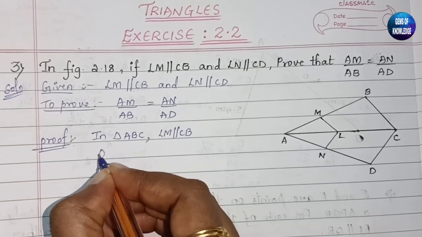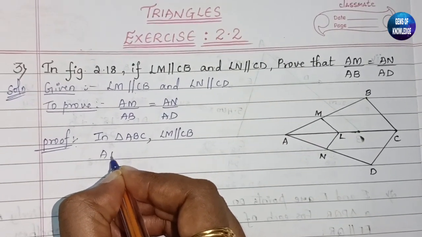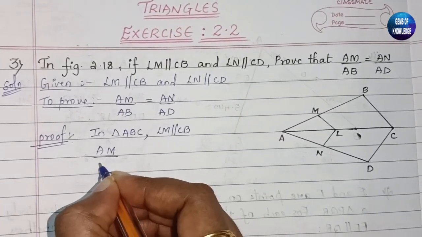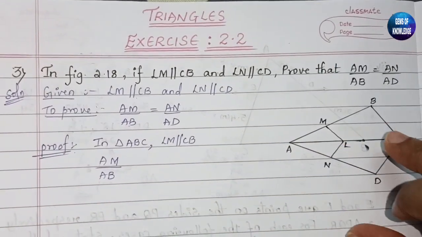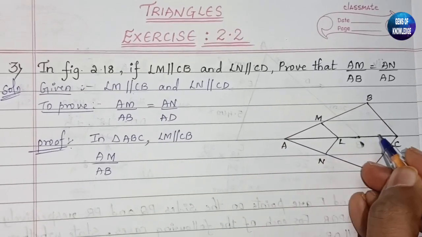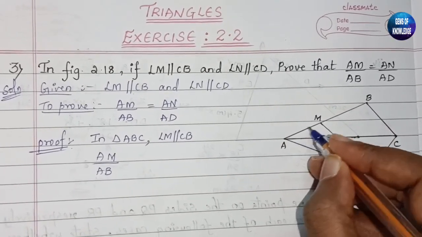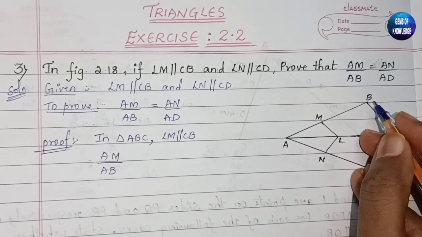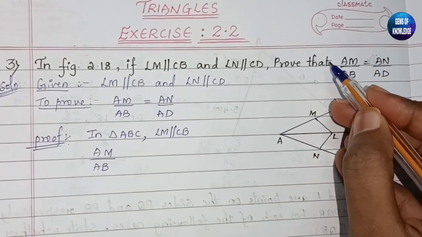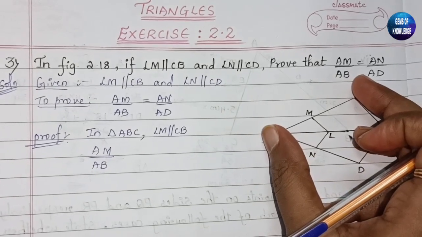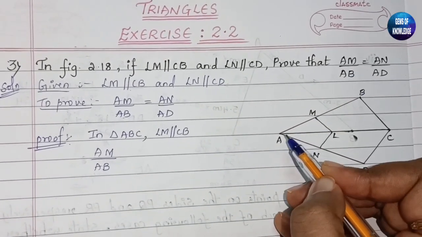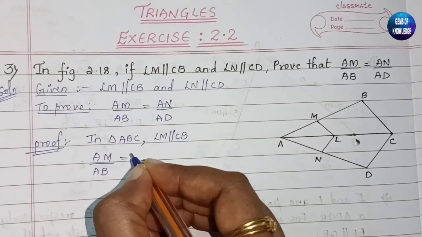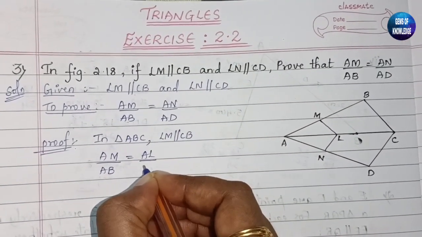According to the BPT theorem, we will get AM divided by MB is equal to AL divided by AC.